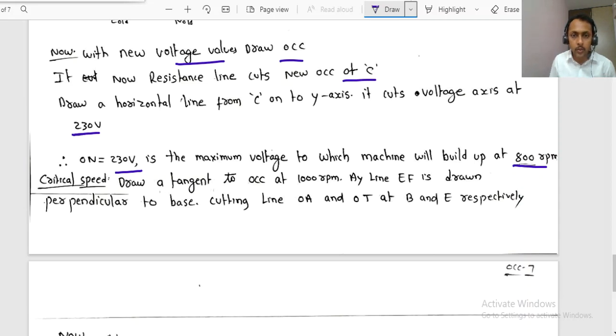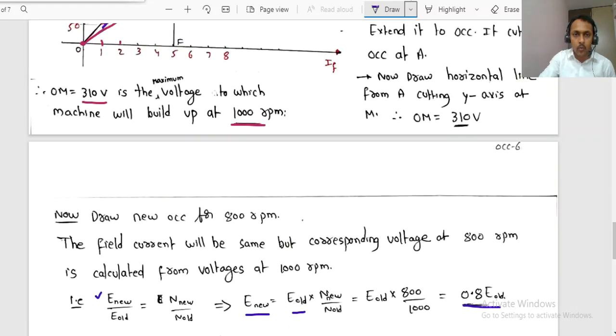Now, if you draw a tangent to the OCC at 1000 rpm, any line EF drawn perpendicular to the base cuts the lines OA and OT at B and E respectively. That is what you have done.